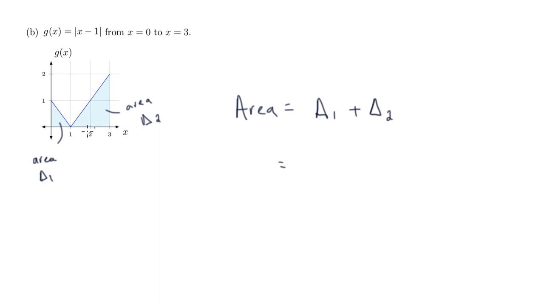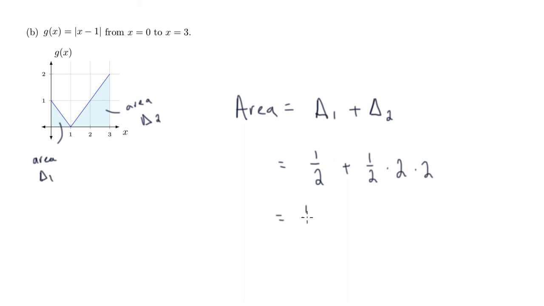So the area of triangle 1 is 1/2 base times height. This has a base 1 and a height of 1, so it's just 1/2. And then 1/2 base times height here, the base is 2 and the height is 2, so just 1/2 times 2 times 2.